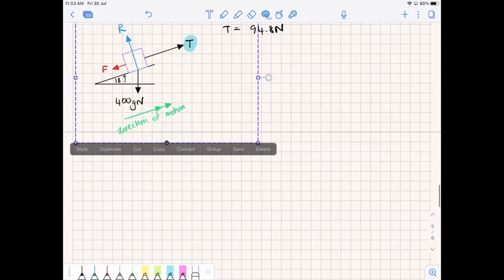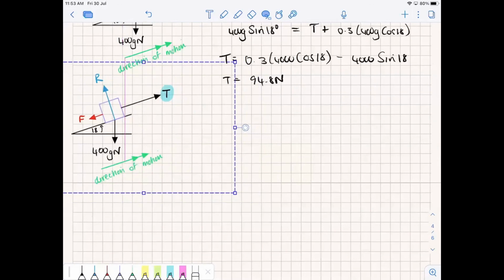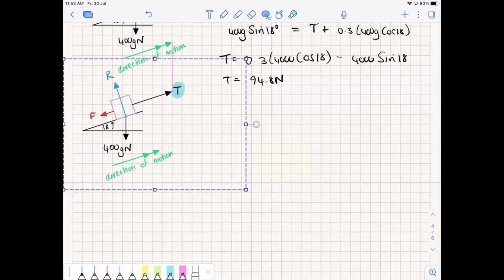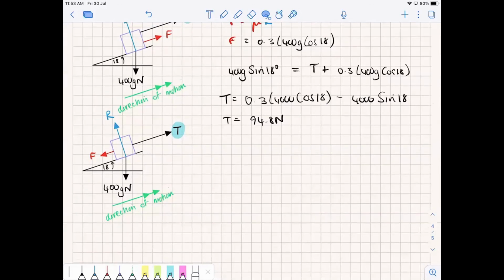Let's move him into the view now. The only difference here is now the friction force is acting in the same direction as the horizontal component from the weight. In other words, this part here is just going in that direction now.